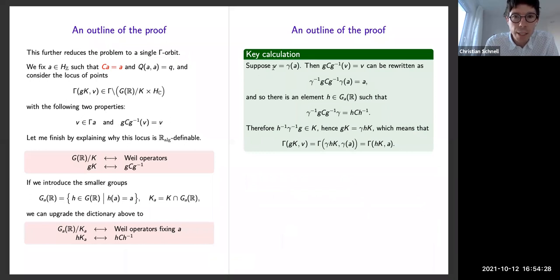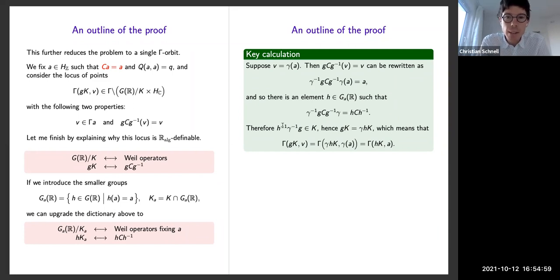The integral class V is in this orbit, so it's of the form gamma times A, and I assume that it's self-dual, so this condition. Well, if I plug in V for that, I can rewrite the condition like this. And so this means that the Weil operator, which I get by conjugating by gamma inverse times G, fixes A. And so that Weil operator is itself a conjugate of my reference Weil operator by some element that fixes A. So I get this identity here.